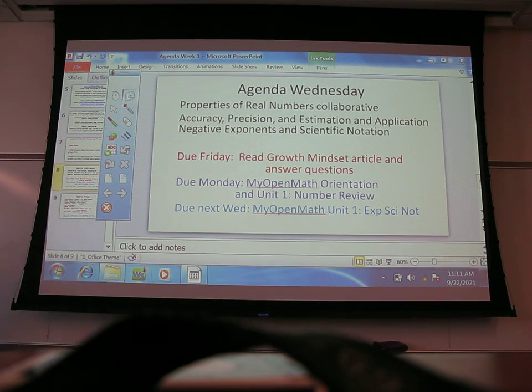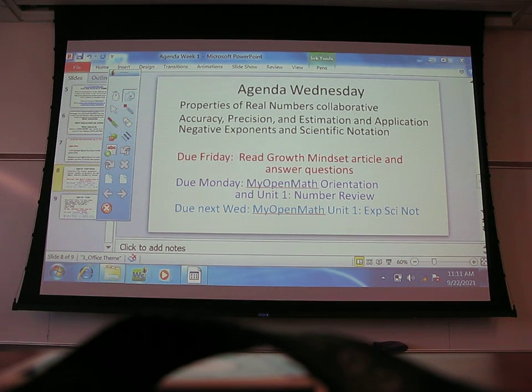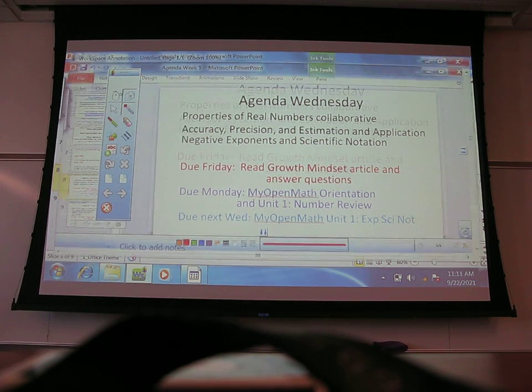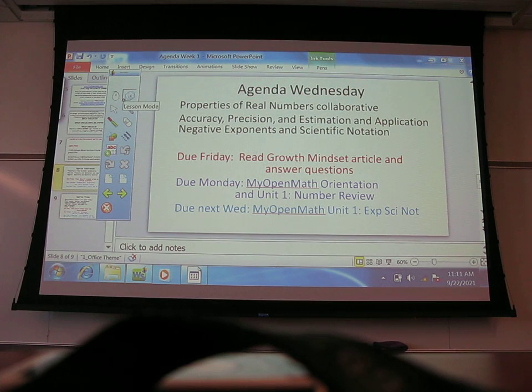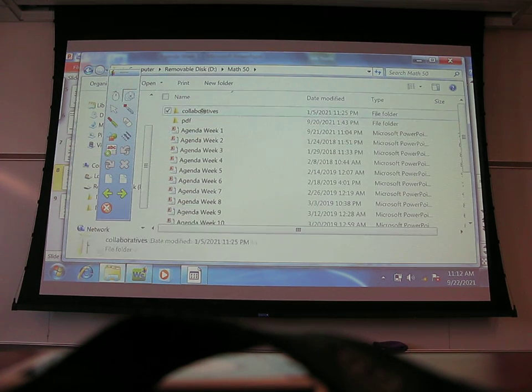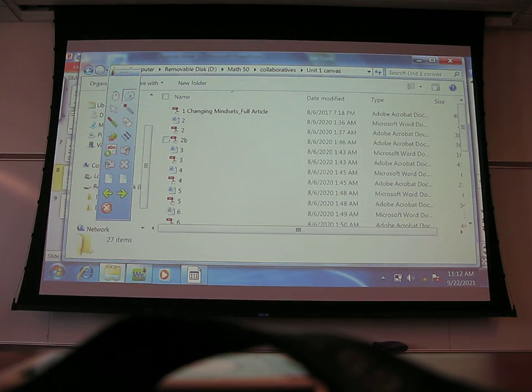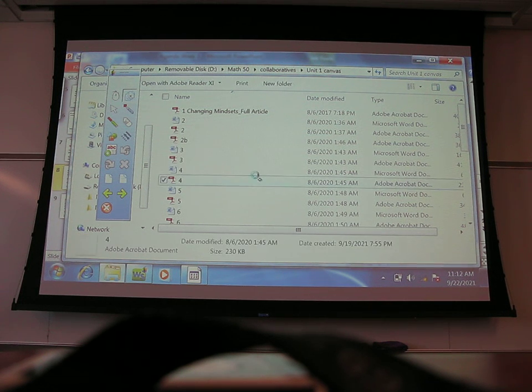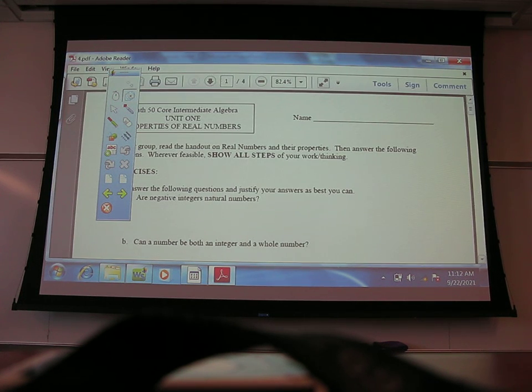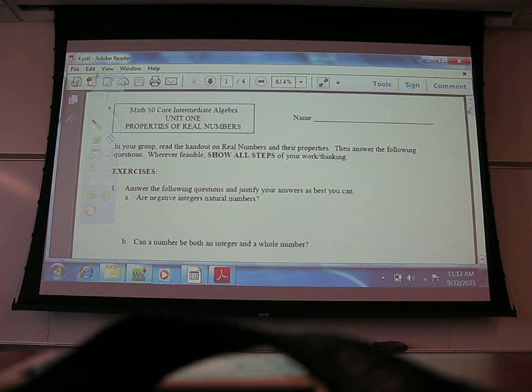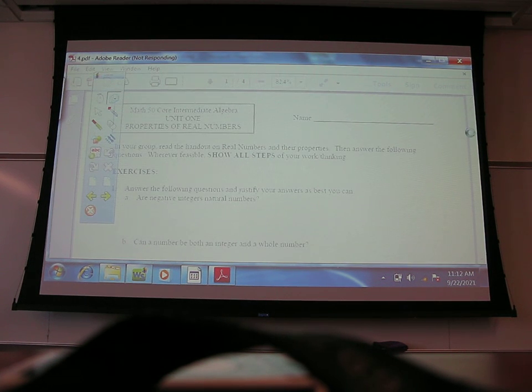Okay. Great, so let's take a look at what we're working on here, which was this one, properties of real numbers. We've done problems 1, 2, 3, 4, 5.